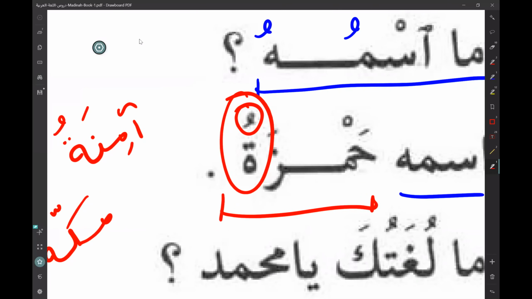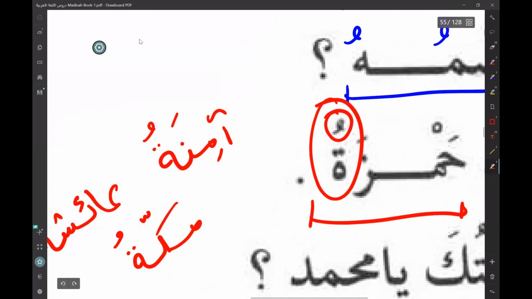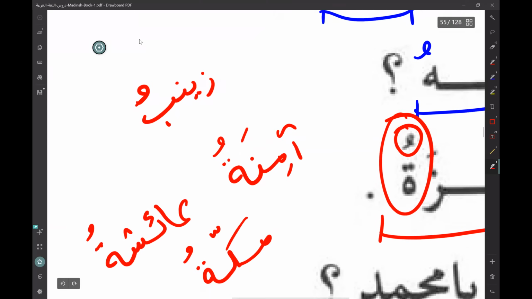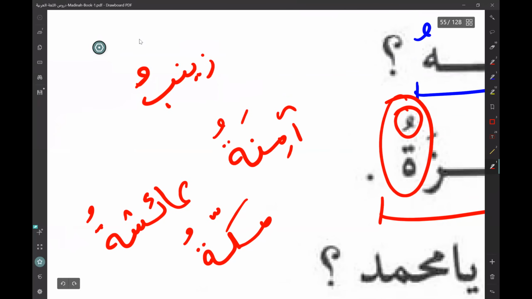So just look at it from the tamarbuta perspective: a tamarbuta in a proper name. Maybe that will be easier, right? But remember, even if you have a proper name that doesn't have a tamarbuta, Zainab, it still will be dhamma because it is the proper name of a female. I said there are a lot of rules, at least 12 or more.